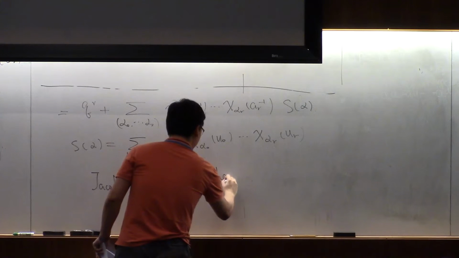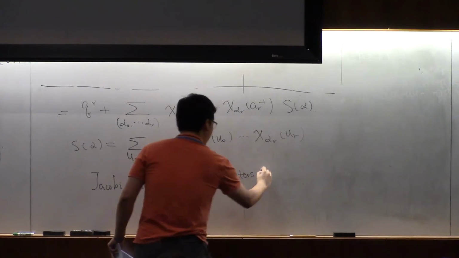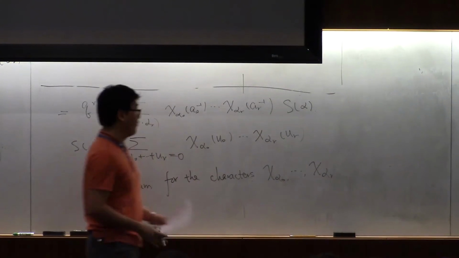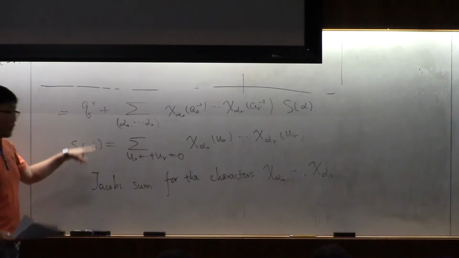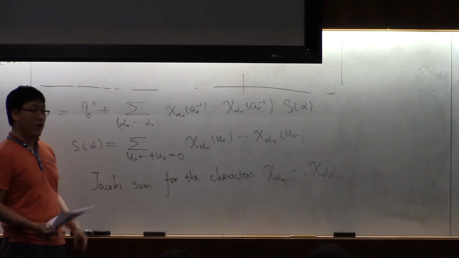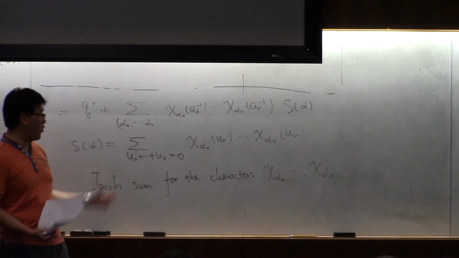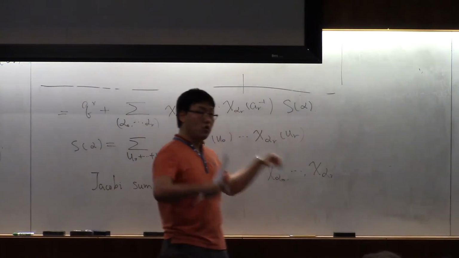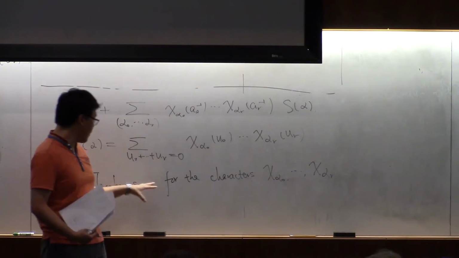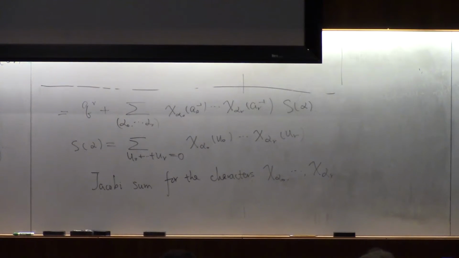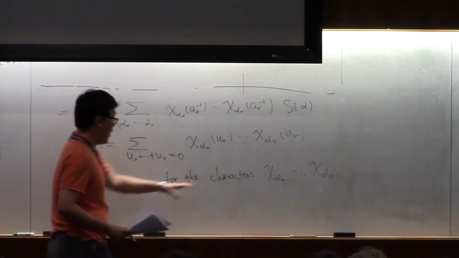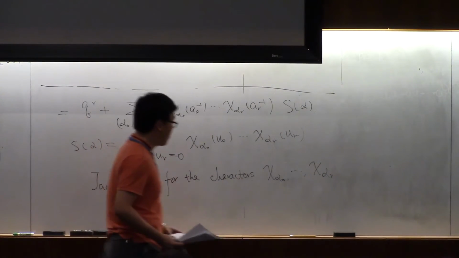It is the Jacobi sum for the characters chi alpha 0 to chi alpha r. Because this is a sum which depends on the r plus 1 tuple alpha 0 to alpha r, which we define in order to get these characters. So once you have these characters, consider this sum, and this is called the Jacobi sum for these r plus 1 characters.